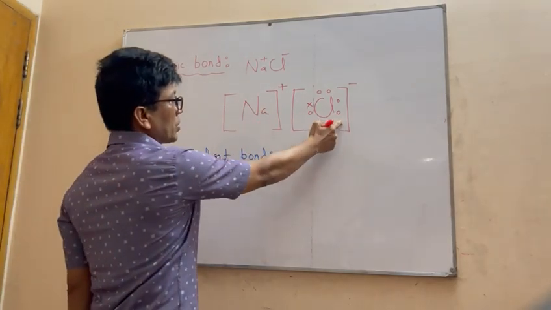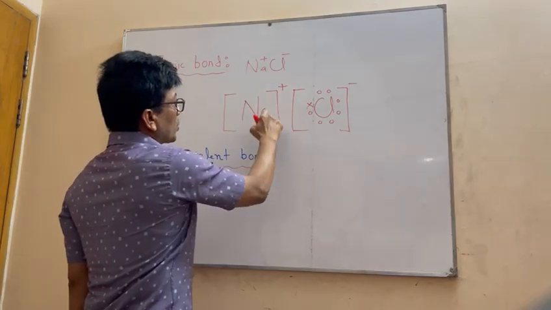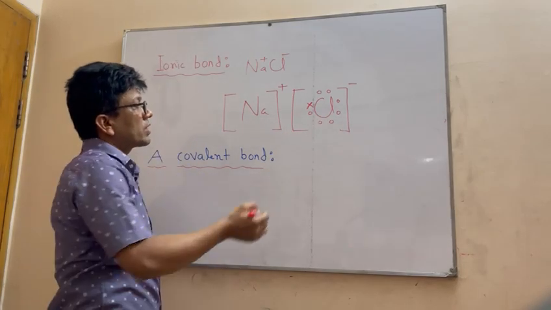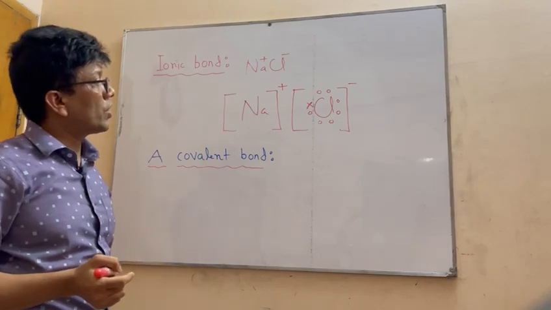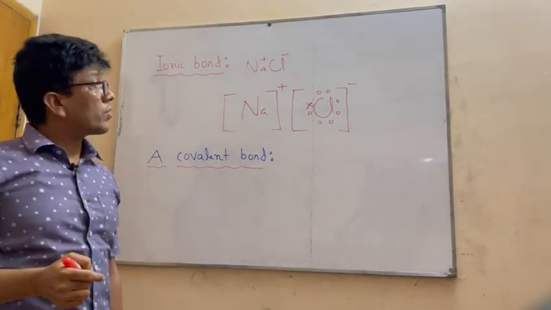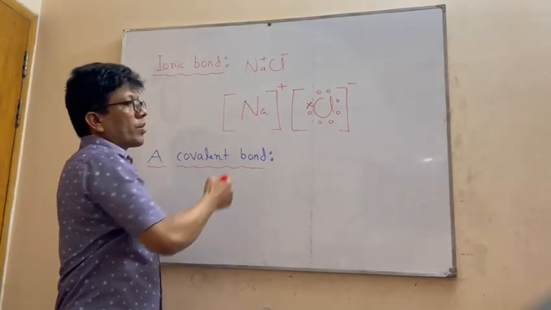This diagram is a dot and cross diagram because here sodium electron is expressed by cross and chlorine electron is denoted by dot. Sodium chloride is an ionic compound because sodium is metal, chlorine is non-metal.